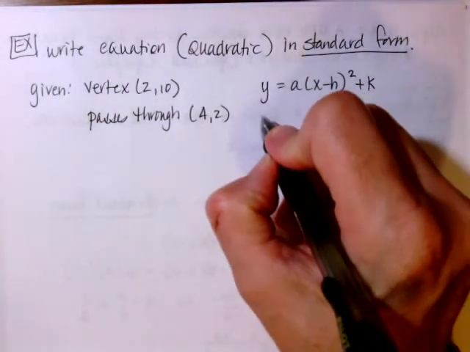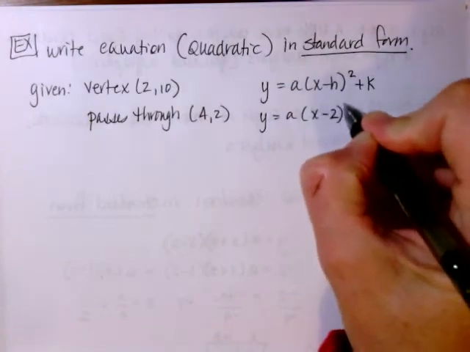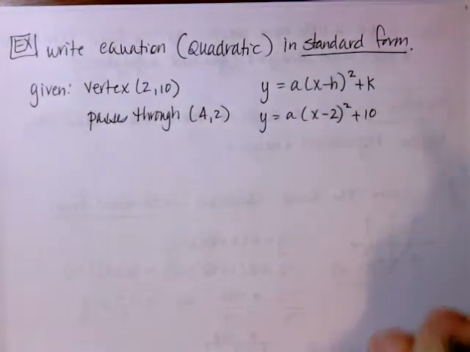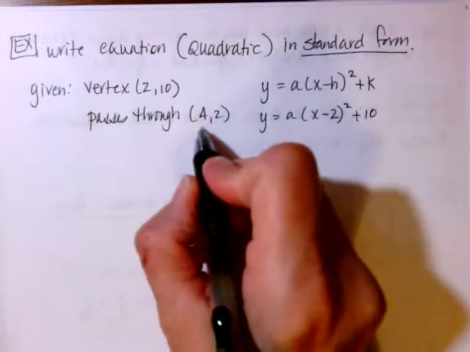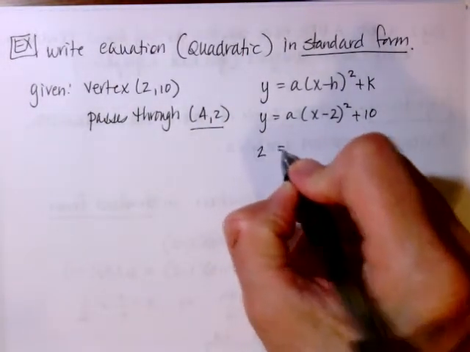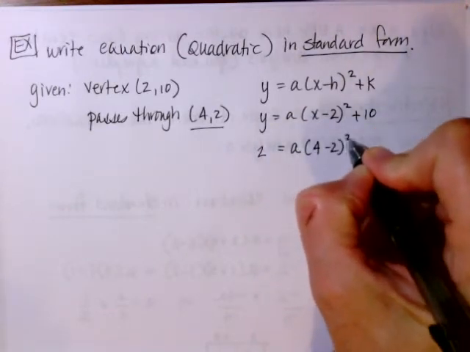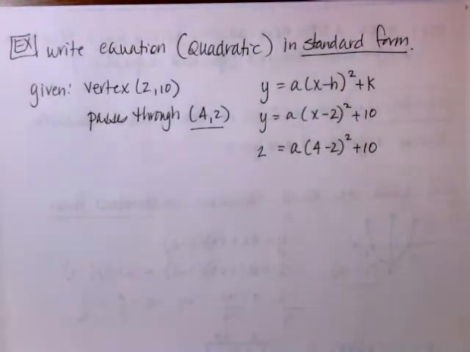Substitute in what I know, and I know that my vertex form is a times (x minus 2) quantity squared plus 10. Then I'm going to substitute in my 4 and my 2. So 2 is equal to a times 4 minus 2 quantity squared, plus 10.